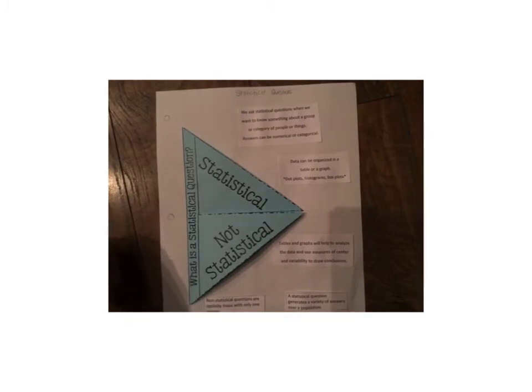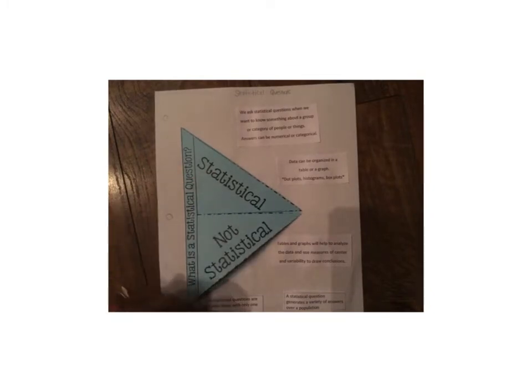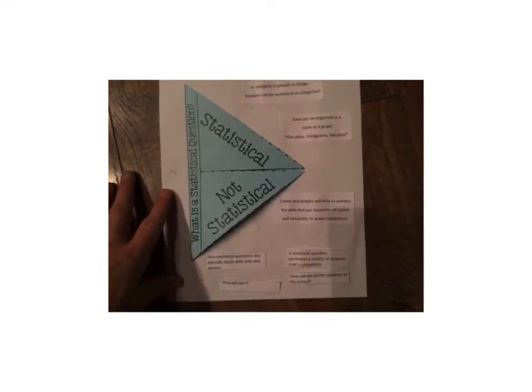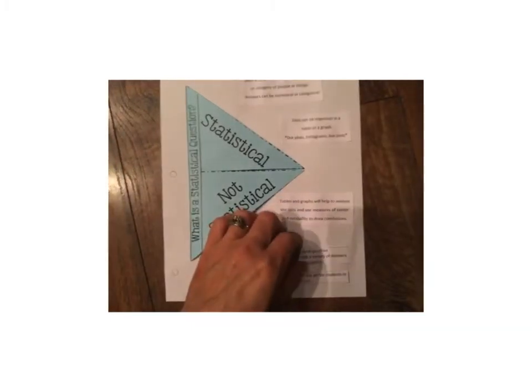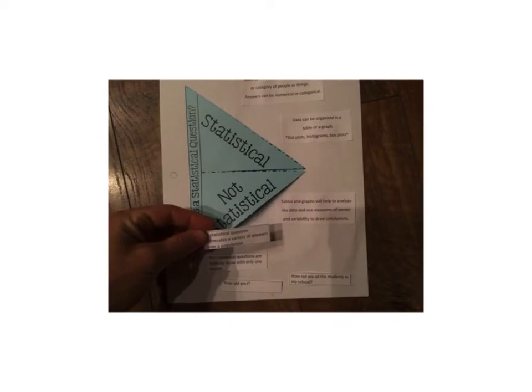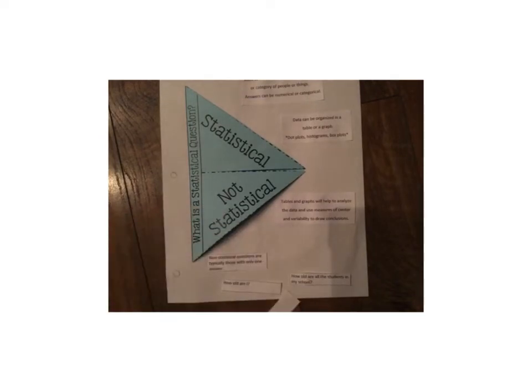So we need to get our information here into our foldable to decide what is statistical and what is not statistical. So we have these pieces of information down here. A statistical question is one that generates a variety of answers over a population.